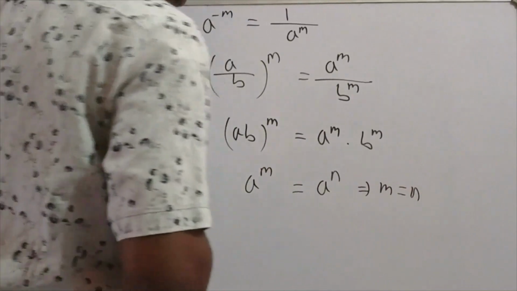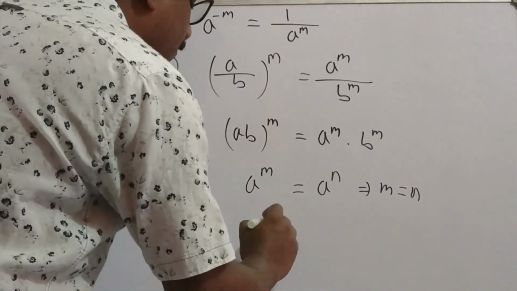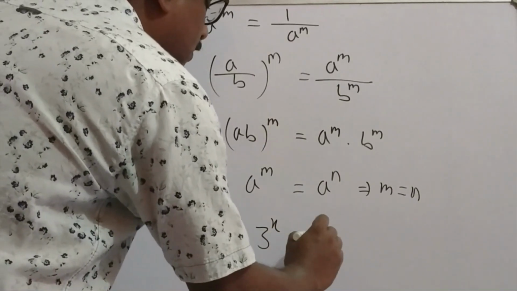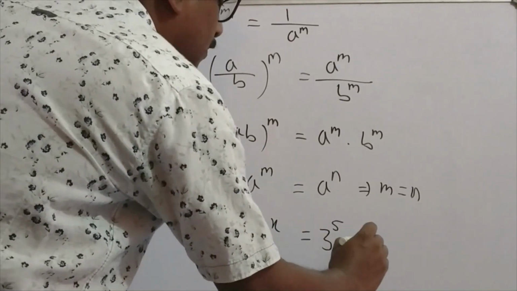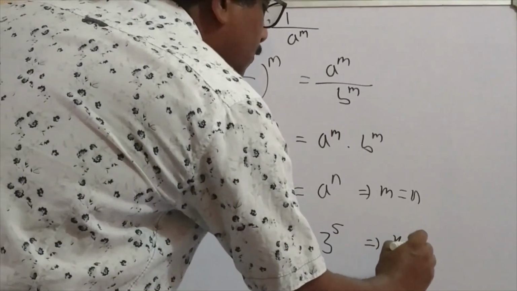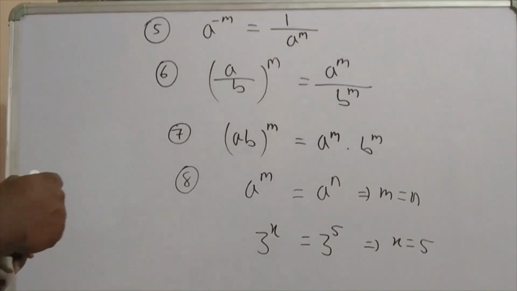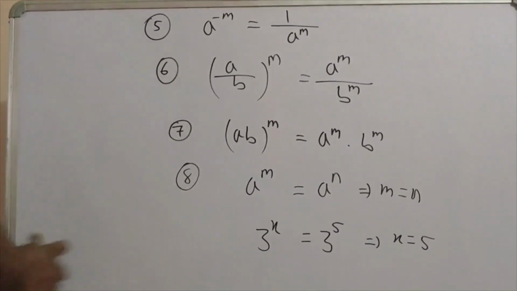That means power is equal. For example, 3 to the power x is equal to 3 to the power 5. So implies the base is same, 3. So x is equal to 5. This is the eighth formula. Now the ninth formula.